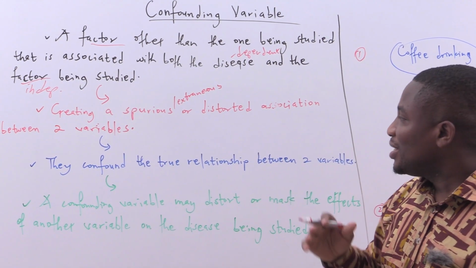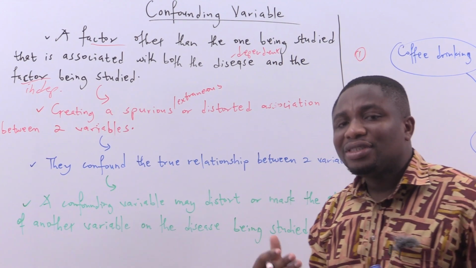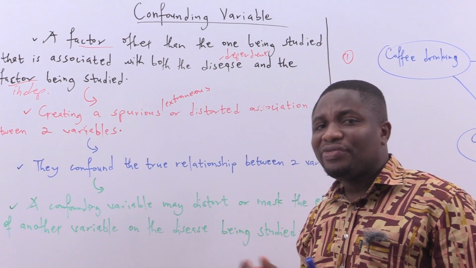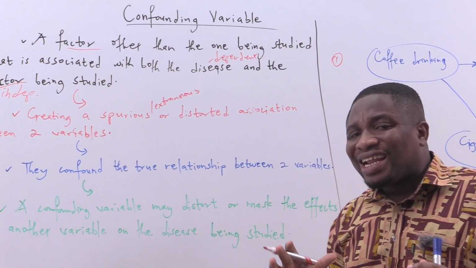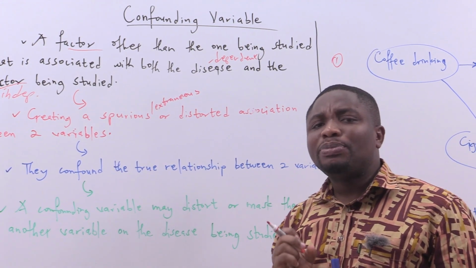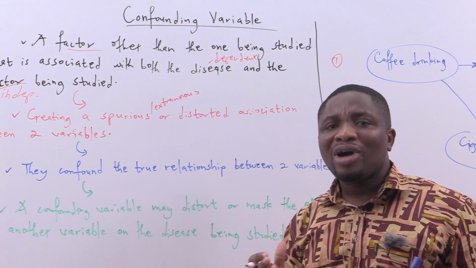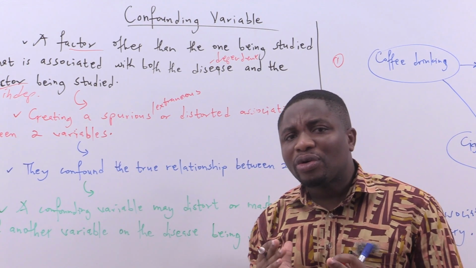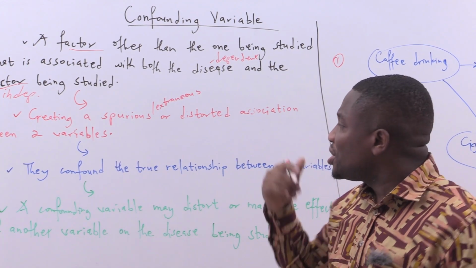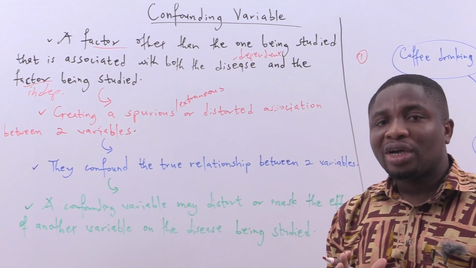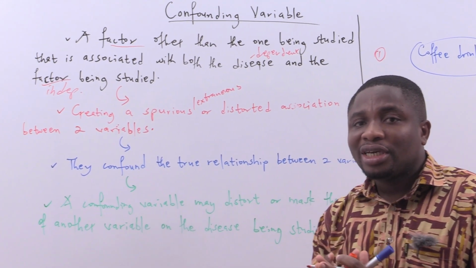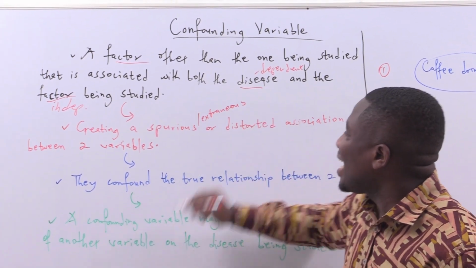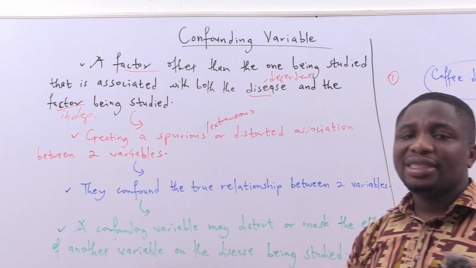All right, let's move ahead and look at certain derivations from a confounding variable. A confounding variable as such creates a spurious, or what we also call an extraneous, or distorted association between two variables. Which variables are we talking about here? That is going to be the disease and the factor being studied.